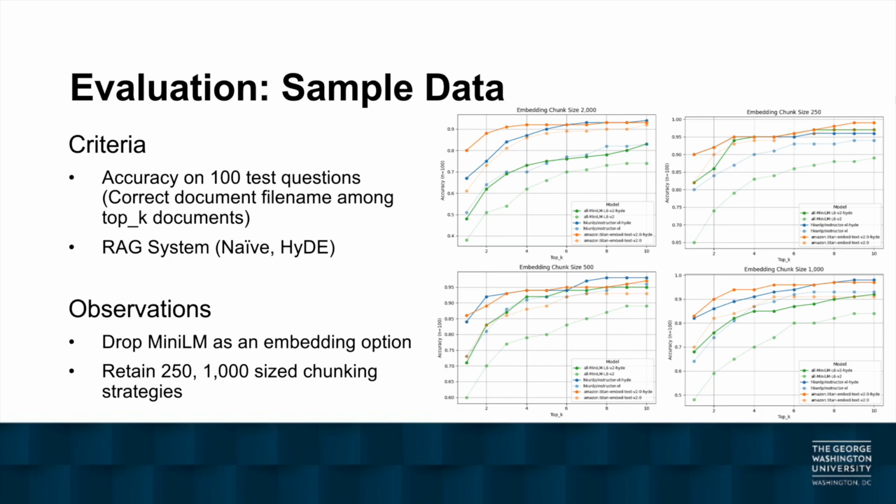And then we proceeded with only the 250 and 1,000 chunk-sized vector databases, containing something like 1.6 million chunked documents. Well, 1.6 million for the 250 chunked data, and about 400,000 for the 1,000 chunked documents.